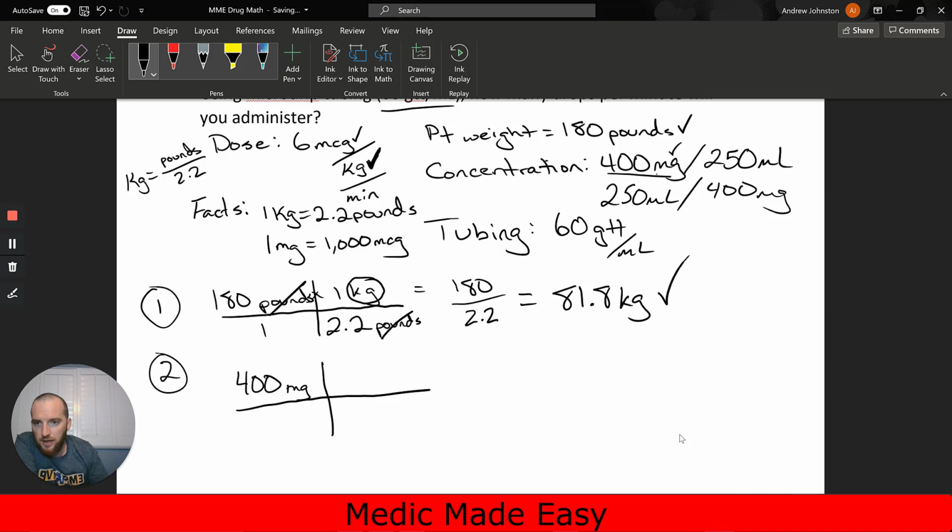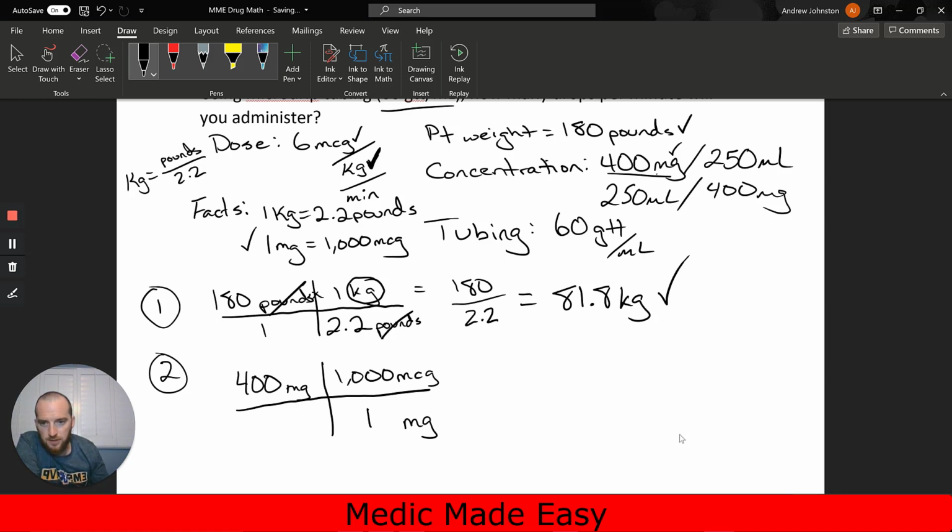And I have my conversion here of 1 milligram equals 1,000 micrograms. You may just look at it and say, if 1 milligram equals 1,000 micrograms, then 400 milligrams must equal 400,000 micrograms. You'd be right if you looked at it that way. But let's go ahead and lay it out. I've got milligrams on top, so I put milligrams on bottom. So that's 1 milligram on bottom is the same as 1,000 micrograms.